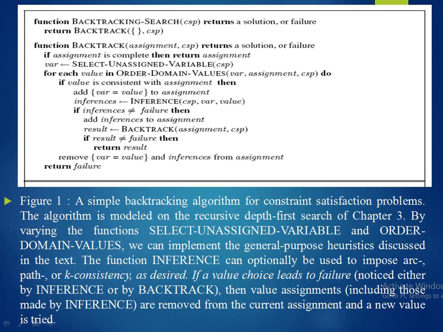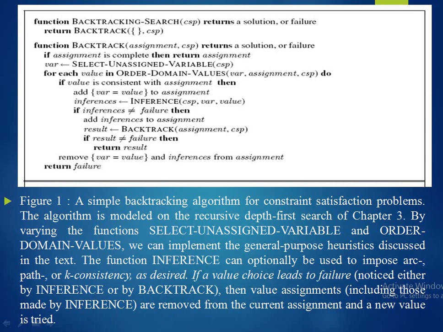Figure 1 shows a simple backtracking algorithm for constraint satisfaction problems. The algorithm is modeled on the recursive depth first search that we have already seen. By varying the functions select unassigned variable and order domain values, we can implement the general purpose heuristics discussed in the text.